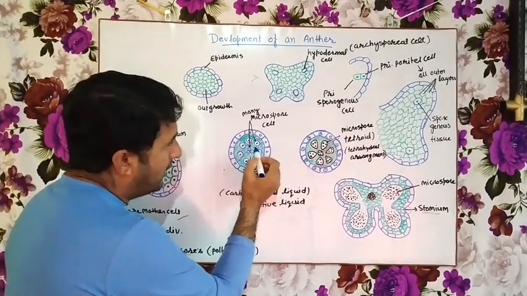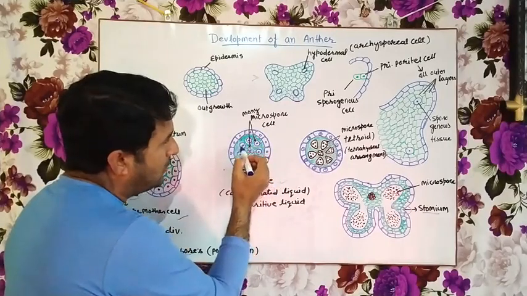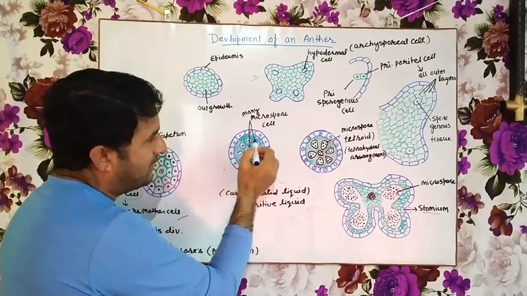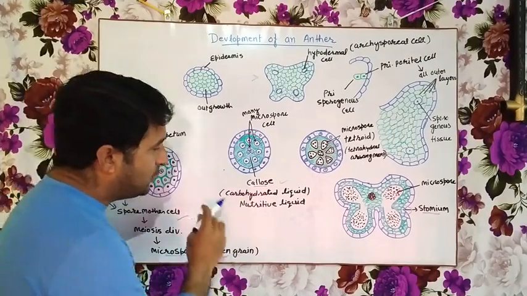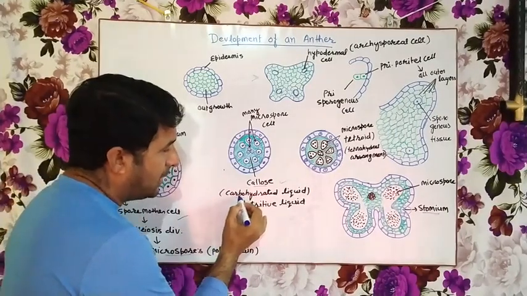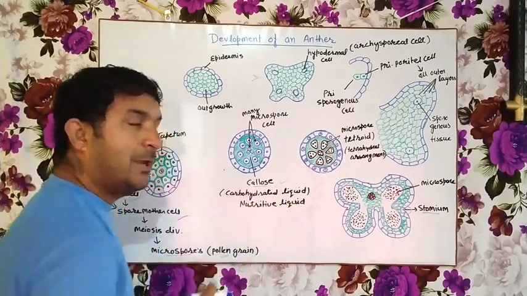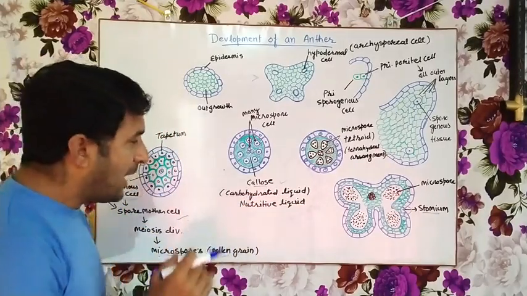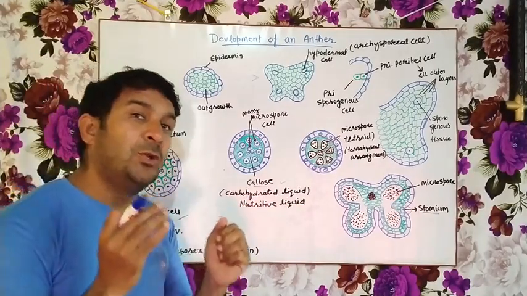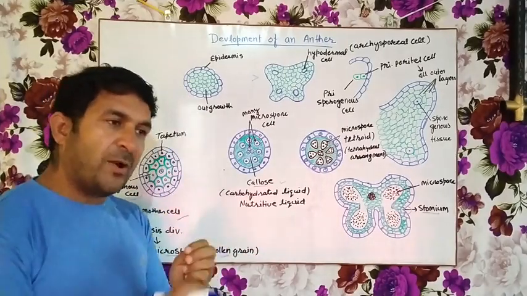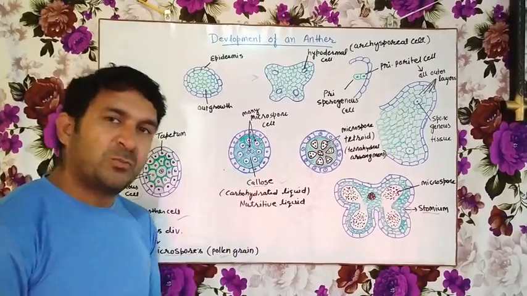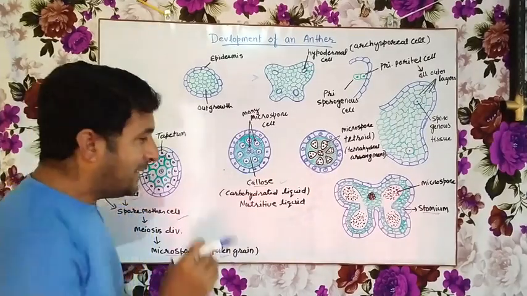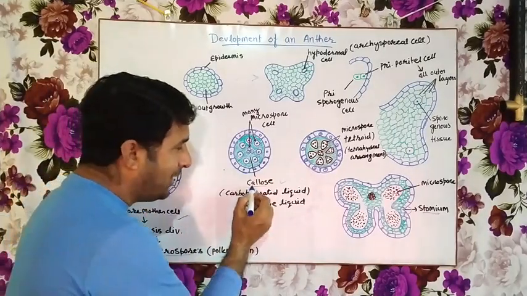Now look here, around the microspore cells you can see the green colour area. This is actually the carbohydrate liquid. This carbohydrate liquid is a nutritive liquid which provides nutrition to the developing microspore cells, and this nutritive liquid is called callose.